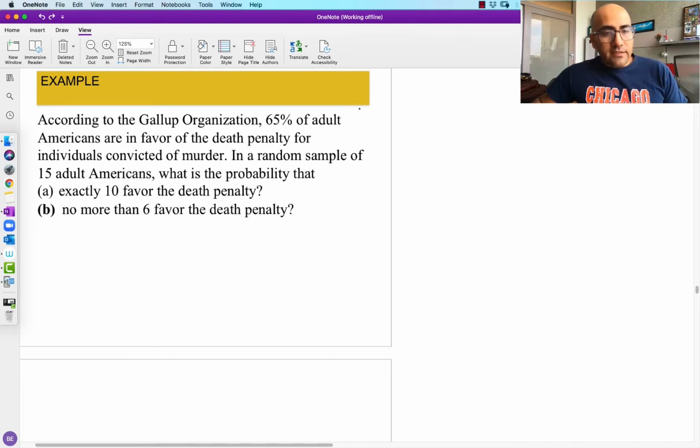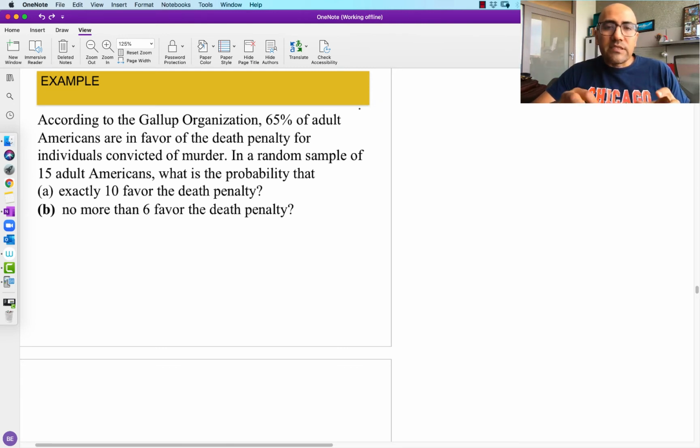First of all, we have to ask ourselves, does this satisfy the conditions for a binomial random variable? There are 4 of them. Number 1, and in no particular order, the probability of success is fixed. It is, right? It's 65% of all Americans out of 320 some odd million Americans. 65% of them favor the death penalty for individuals convicted of murder.